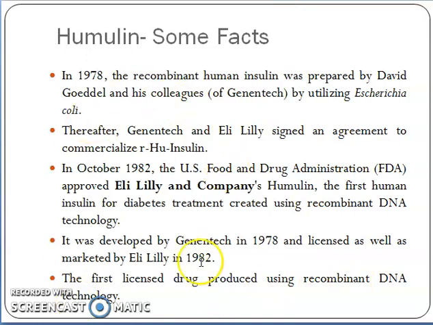So these were some of the facts regarding humulin. Now I think that you have some idea in your mind about how we can use the gene of interest that has been cloned inside a host to recover the protein product coded by it.